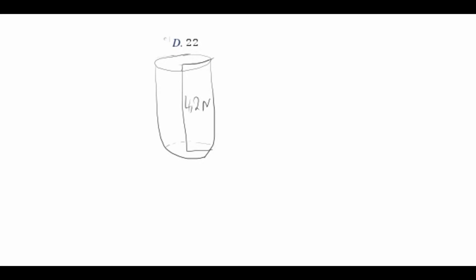Radius is given by diameter over 2. So we have 4 over 2, which will give us 2 meters. So the radius is 2 meters.